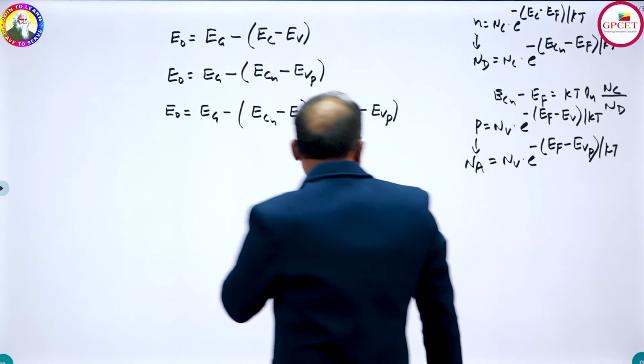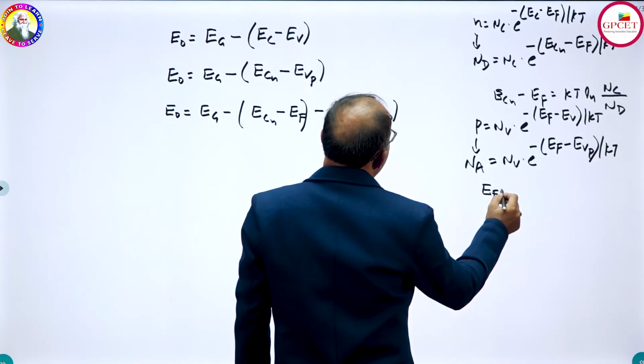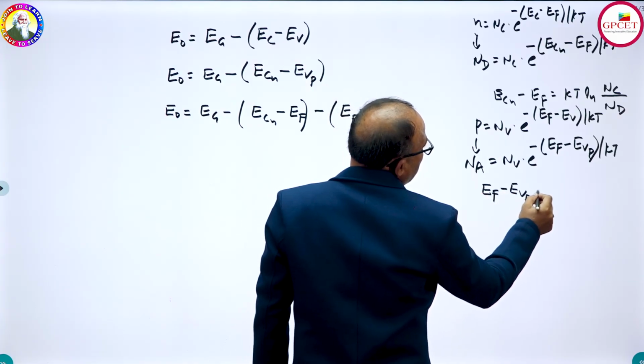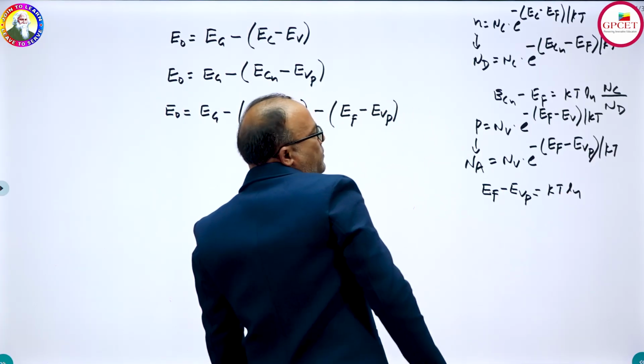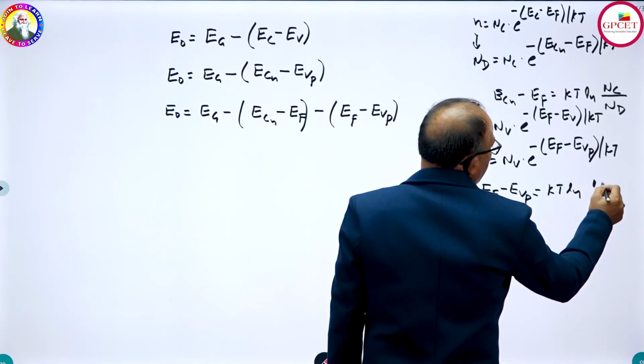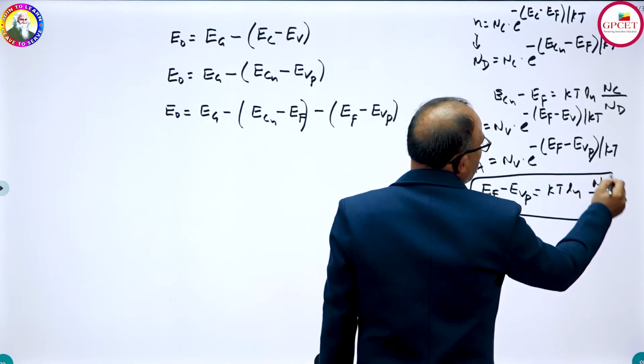Therefore, I get Ef minus Evp is equal to kT ln (Nv divided by Na).